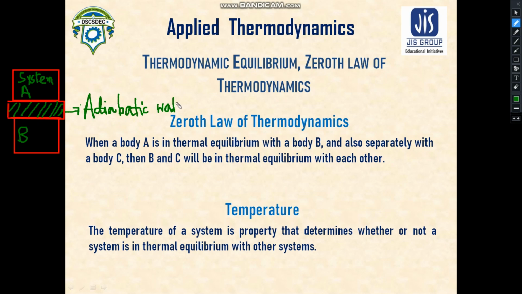I have already mentioned that an adiabatic wall doesn't permit any kind of heat transfer.